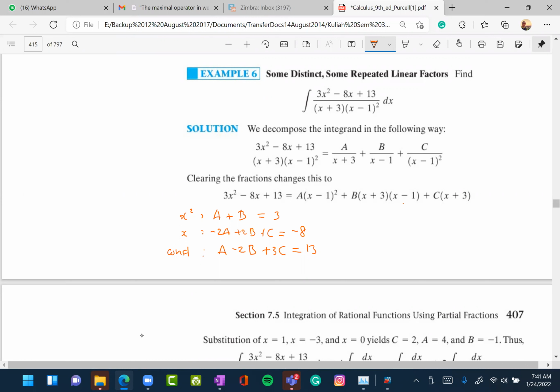And the third should be, oh, sorry, a minus 2b plus 3c equals 13.